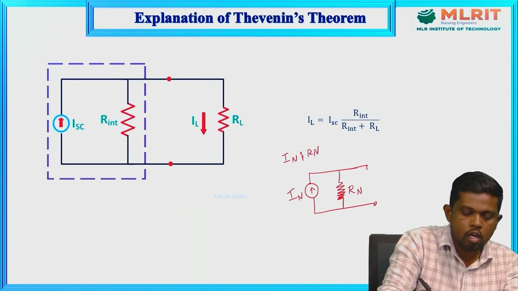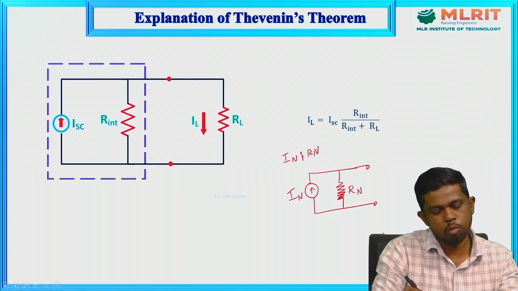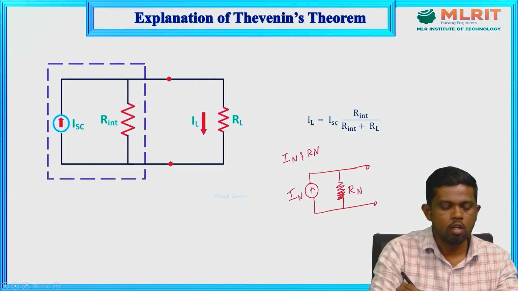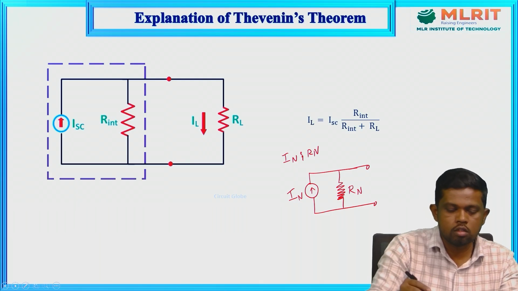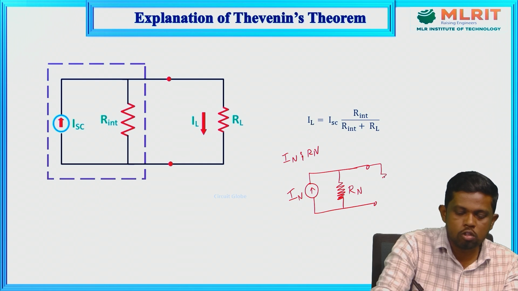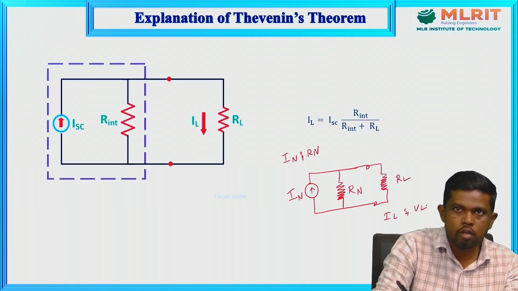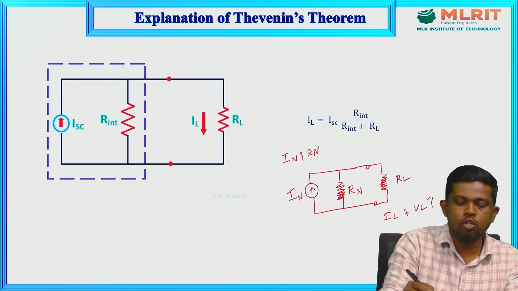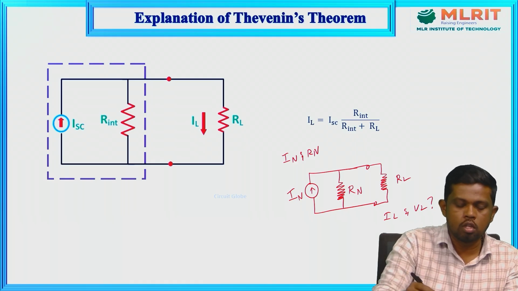At the start of this procedure, we removed the load resistor, so we did not consider it. Now we can connect that load resistor at these load terminals. Based on this, we need to find the required load parameters, that is IL as well as VL.